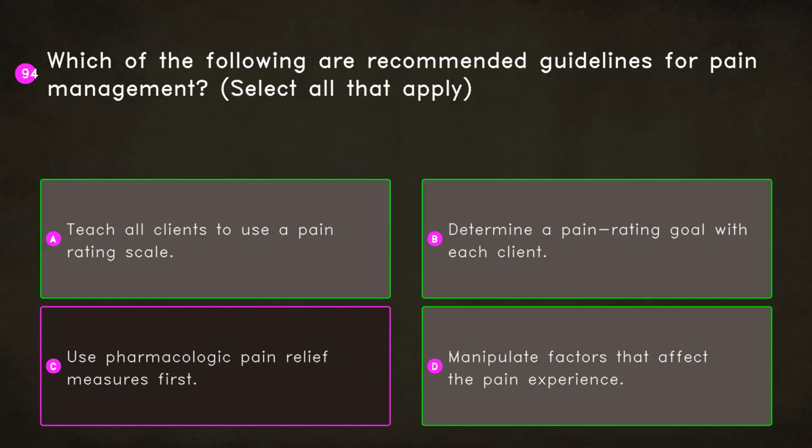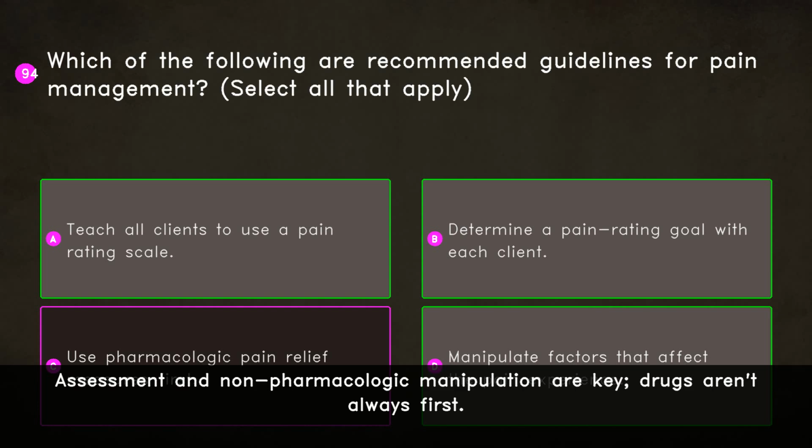The correct answer is teach all clients to use a pain rating scale, and determine a pain rating goal with each client, and manipulate factors that affect the pain experience. Assessment and non-pharmacologic manipulation are key. Drugs aren't always first.